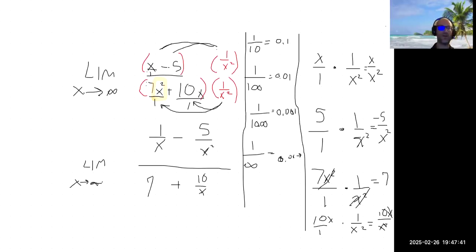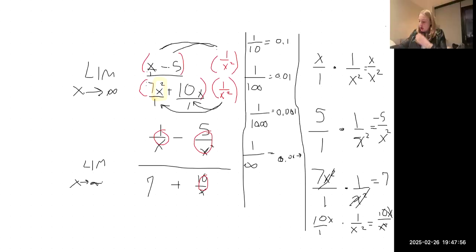So what happens is that all of these zero out. This zeros out, this zeros out, this zeros out, because they all have a 0 as the result when you have infinity in the denominator. They're all a constant divided by infinity. Okay, but what about the 7?